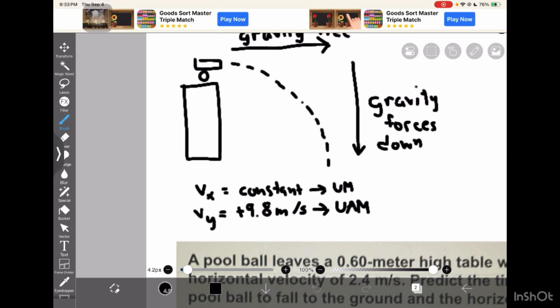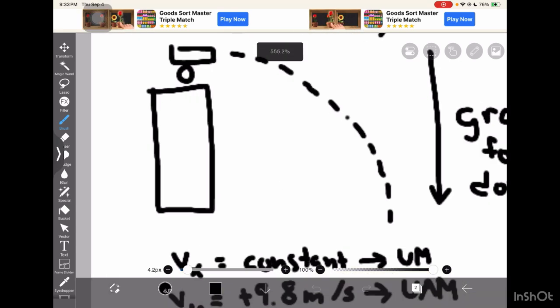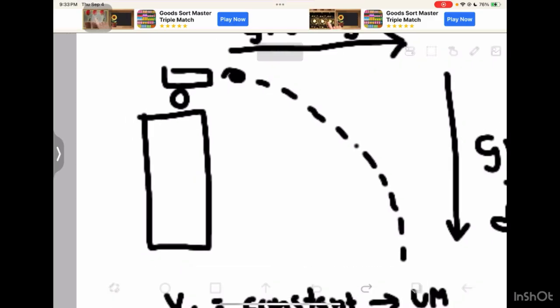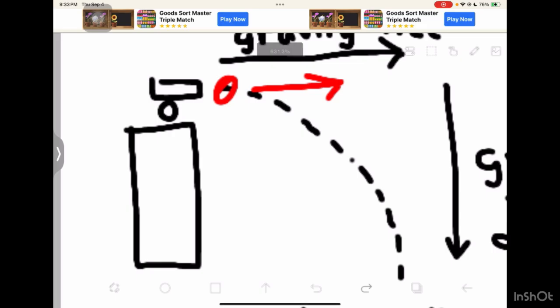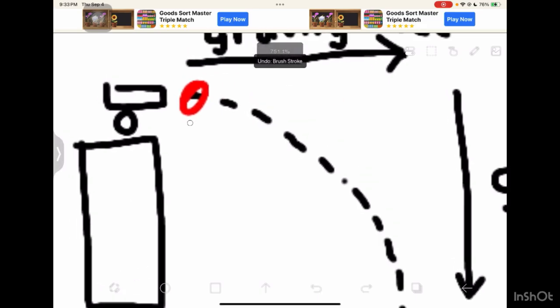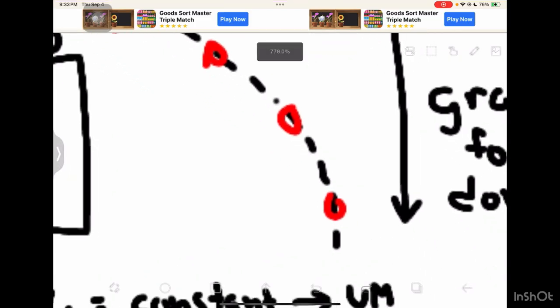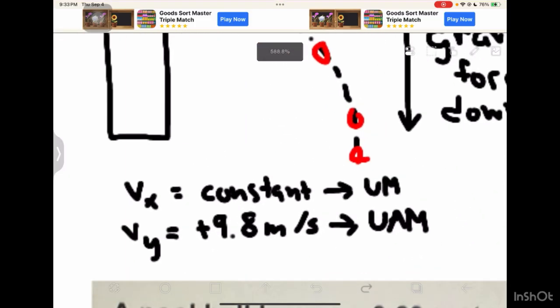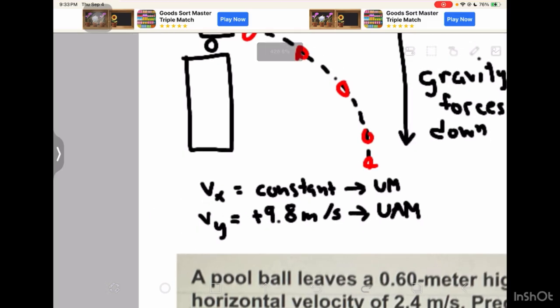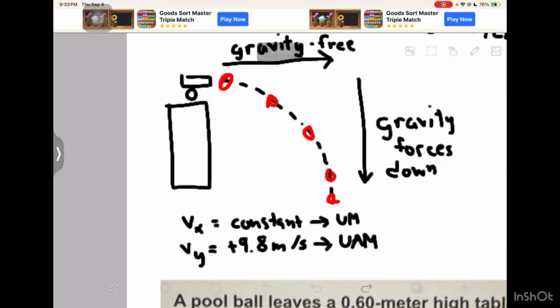Because once you launch the projectile, as you can see over here, the force would push it towards here, but also you have the force of gravity pulling it down so that it eventually hits the ground over here, and our v sub y increases by 9.8 meters per second. Why is that? Because once again, that's the constant of gravity and it's always constantly pushing it down.